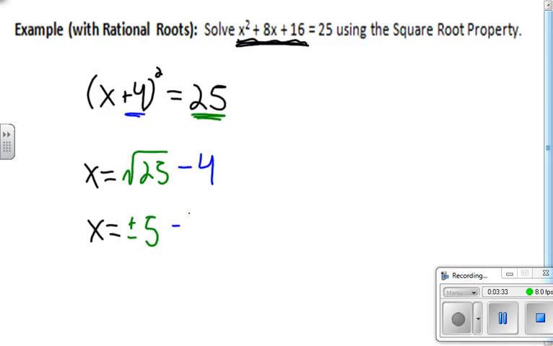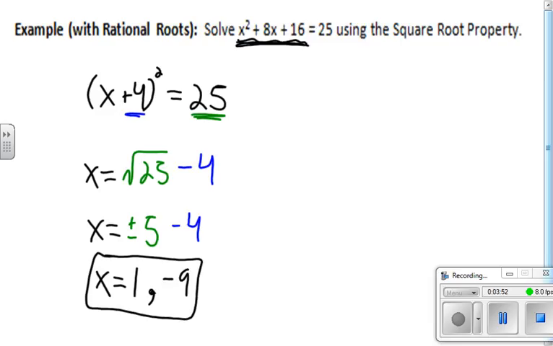And we still have to subtract 4. So working from here, x equals, if it was positive 5 minus 4, that would just be positive 1. Or if it was negative 5 minus 4, it would be negative 9. So this is our solution set. This is how we would use the square root property.